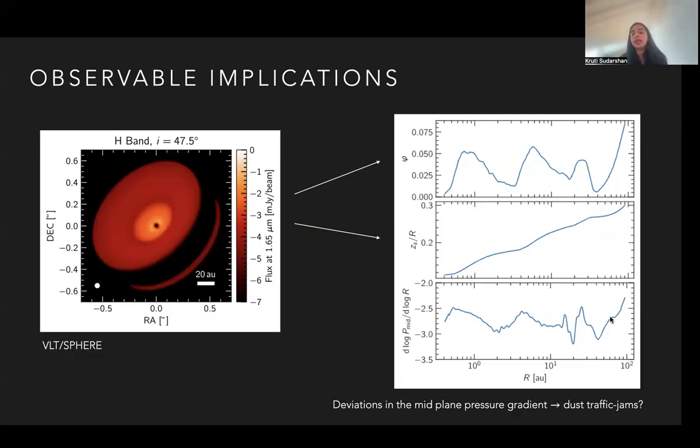But if I plot the midplane pressure gradient, I do see that there are deviations at the shadow locations, which means that there is an effect on the midplane pressure gradients, not significant enough to actually invert the pressure gradient to act as a proper dust trap, but maybe we can still slow down some dust at these shadows, more towards the dust traffic jam scenarios that people talk about. So this is still very interesting for midplane structures.